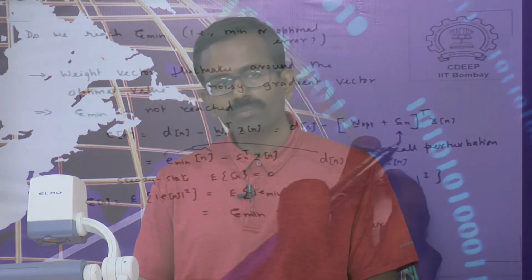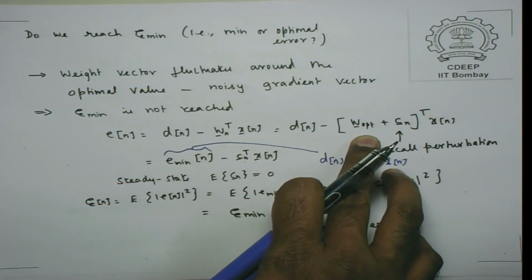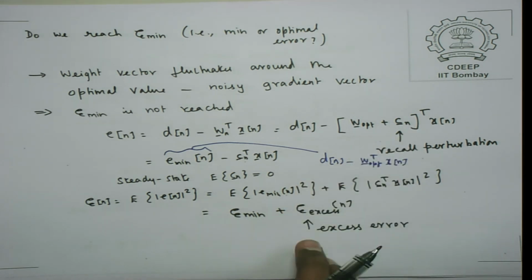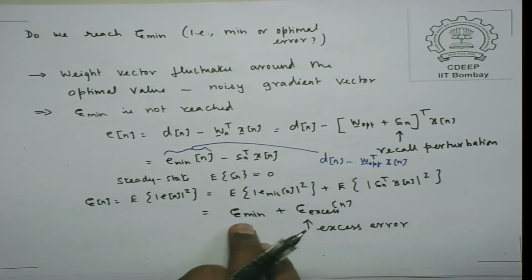Whereas in the LMS case, even with a Wide-sense stationary process, we converge very close to W optimal, but may not be exactly stuck at it. It will be moving slightly around W optimal, and this movement leads to some small excess error.